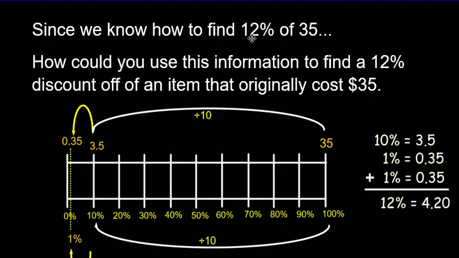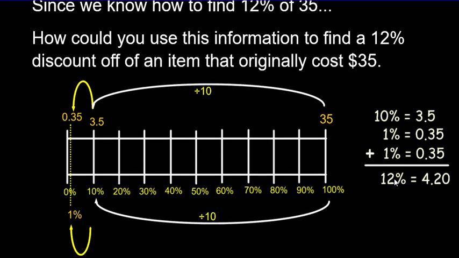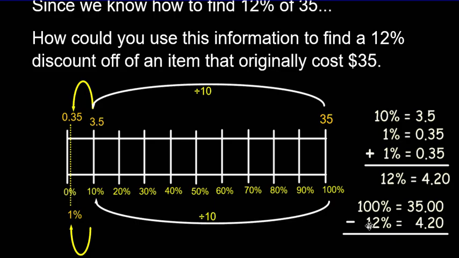If we know how to find 12% of 35, how could we use this information to find a 12% discount off of an item that originally cost $35? That's right. If 12% is the discount, then we're going to subtract 12% from the original cost.